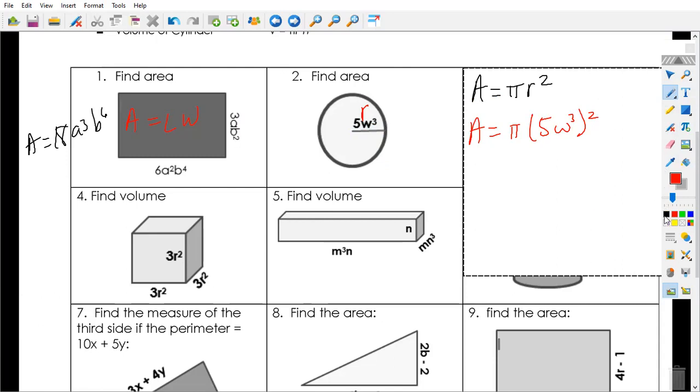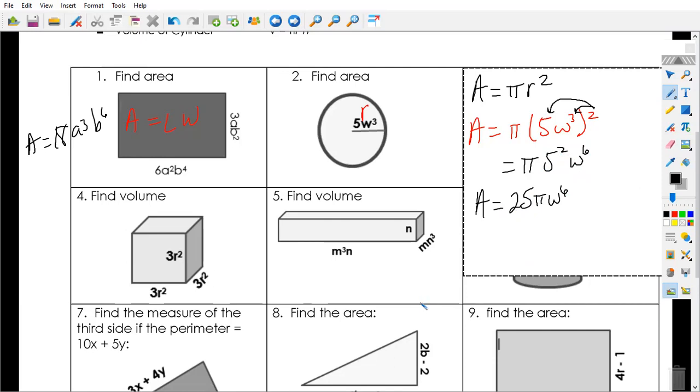So we got to distribute the power. You get a power of 2, you get a power of 2. So it becomes pi 5 squared w to the what? W to the 6, because the power rule is you multiply. All right, what's our area? What's 5 squared? 25 pi w to the 6.